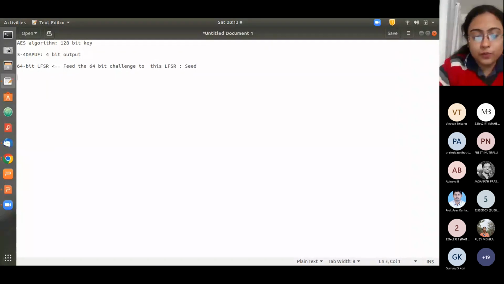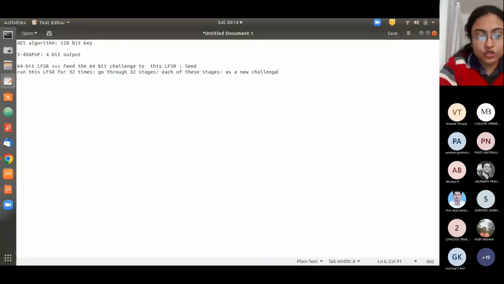Now you run this LFSR for 32 times, so it will go through 32 stages, and each of these stages can act as a new challenge to the 64-bit BAPUF.